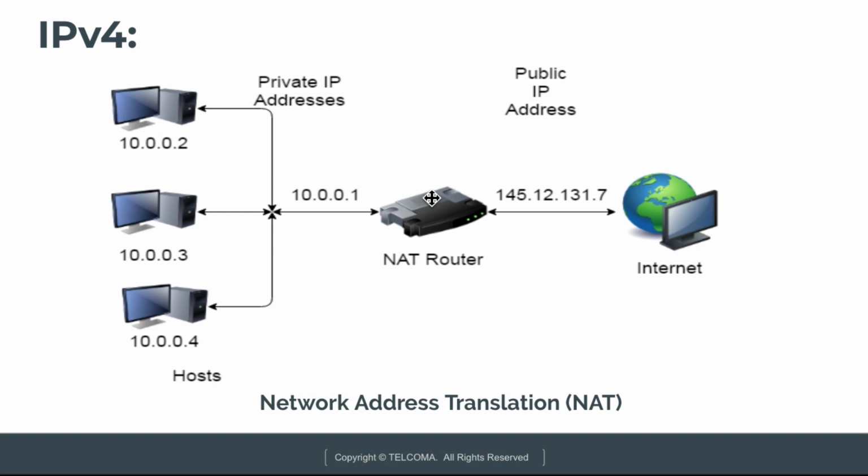So in the external network we are only known by this public IP address, whereas in the private network we are only known by our private address. This is the NAT process, where we use private IP addresses and public IP addresses to differentiate the internal and external network. So this is a brief introduction to IPv4 and the NAT process. Thank you.